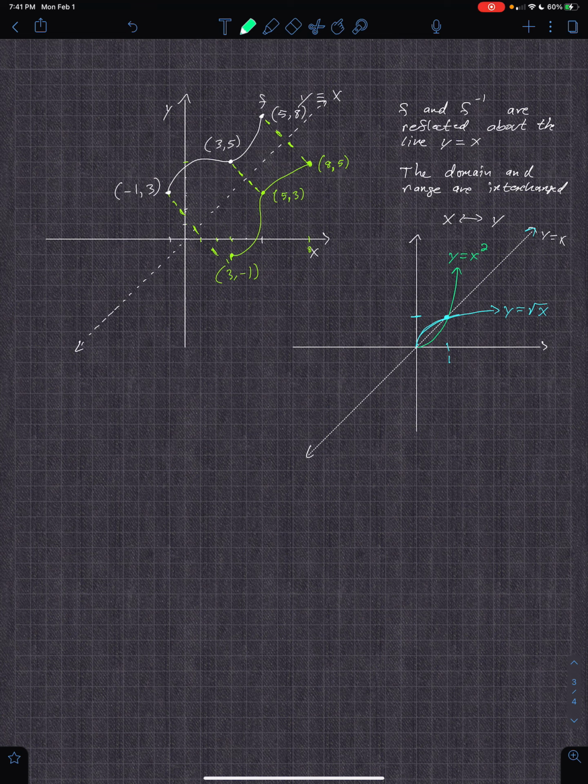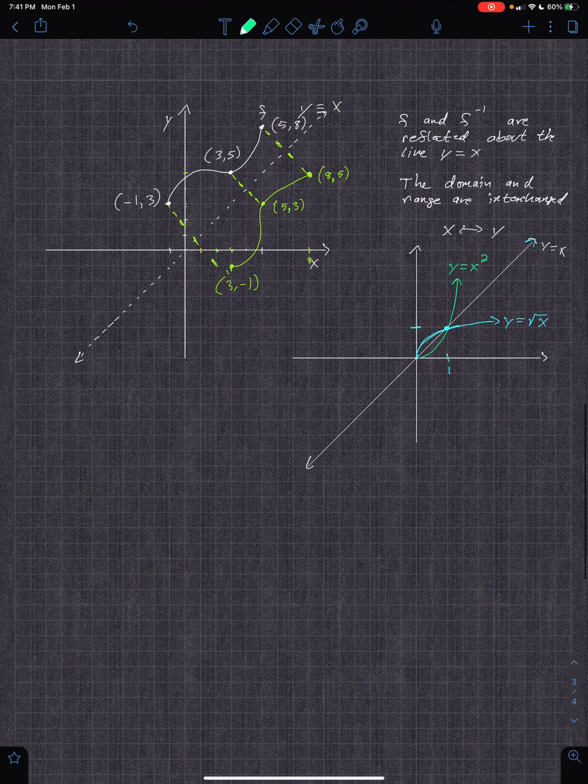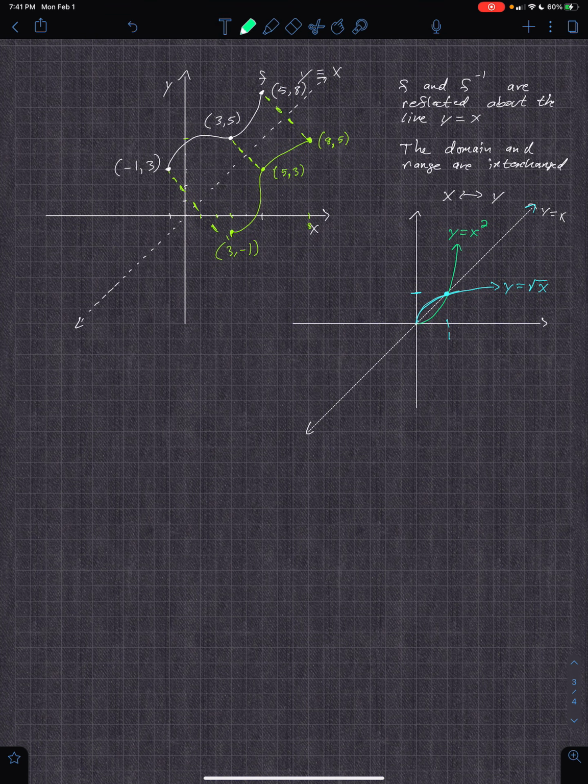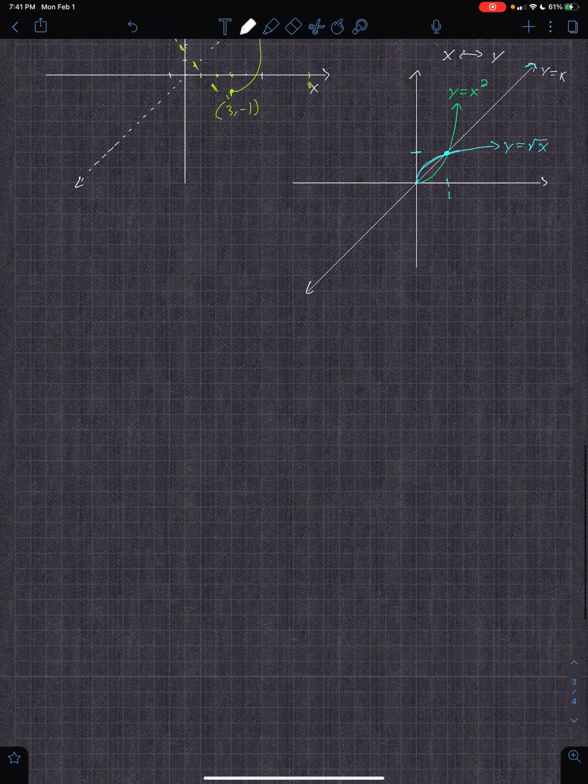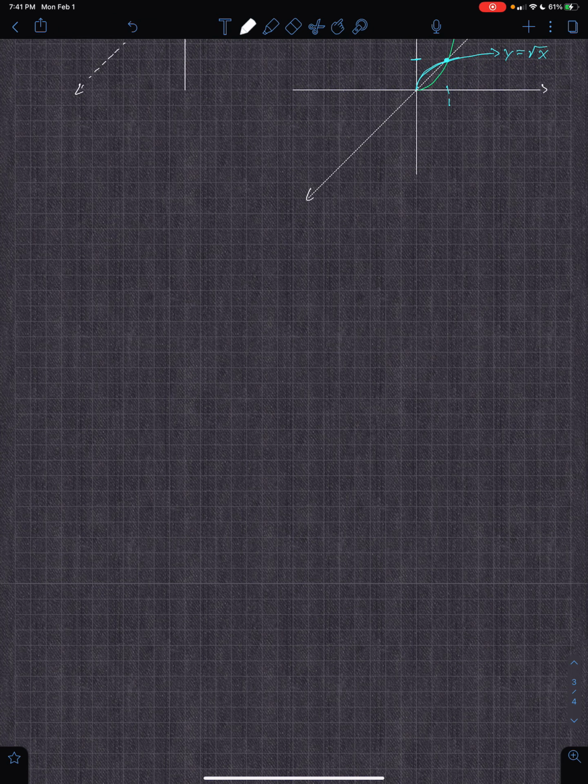Okay. Let's look at, this is the last thing in this section, and it's the theorem for derivatives of inverses. And we'll do one example of that. Okay. So here's the theorem.